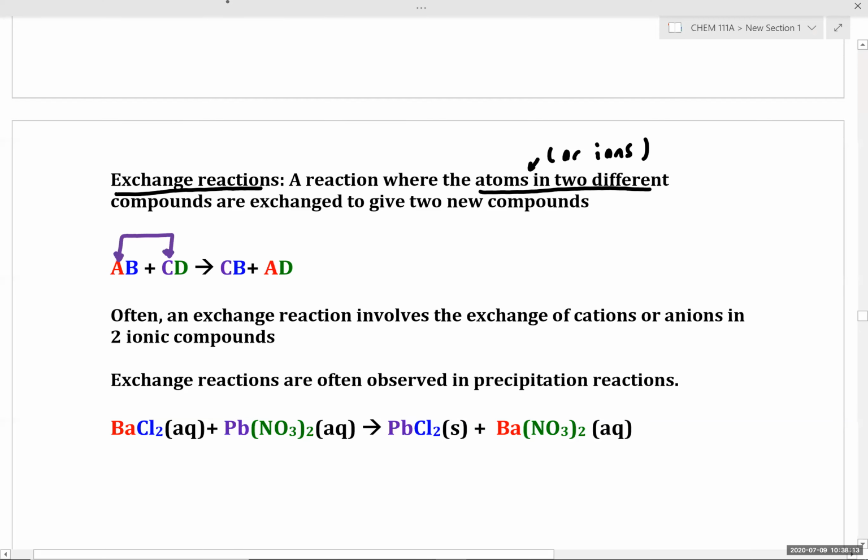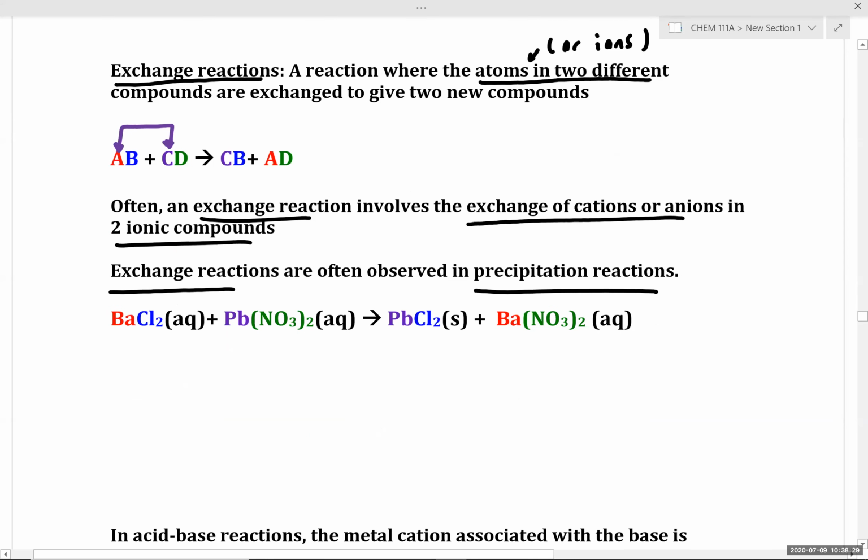So we often see exchange reactions in the context of the exchange of cations or anions in two ionic compounds. A classic example of an exchange reaction is a precipitation reaction, where, for example, if we mix barium chloride and lead nitrate, we have exchanged in our products the barium and the lead atom.